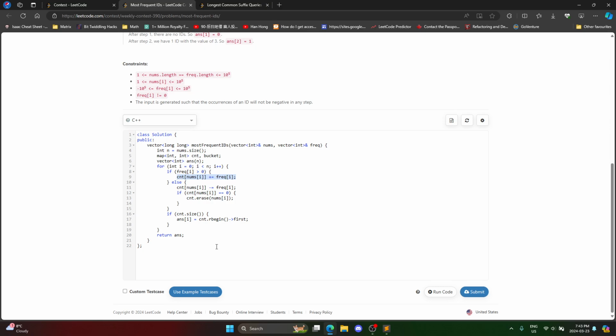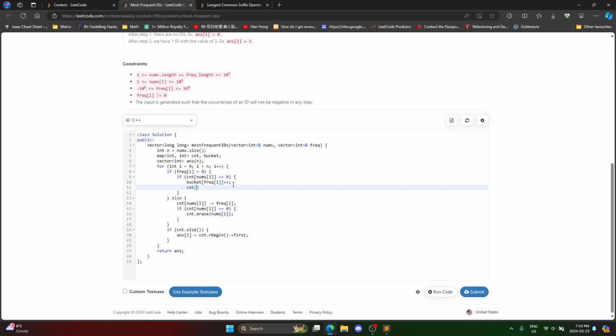If the bucket of nums of I is equal to 0, then just do CNT num.